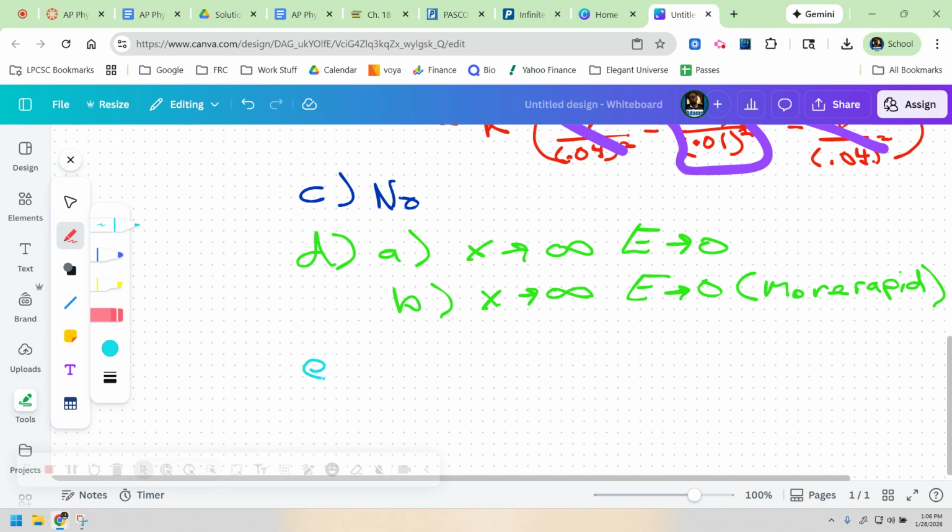Trying to think of how to word this. So I have my charges, right? So I have a positive 1Q, right? And then I have the negative, but that's twice the charge, right?